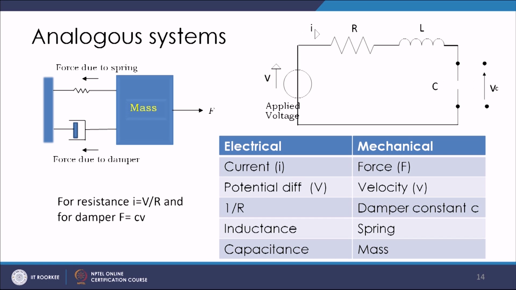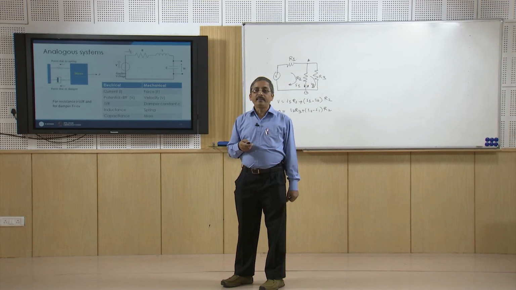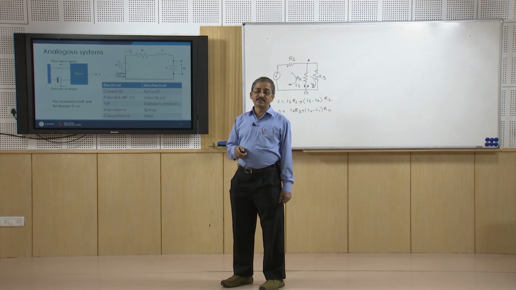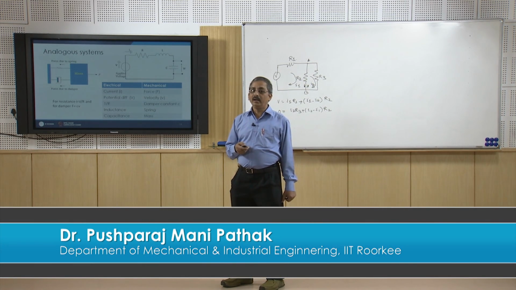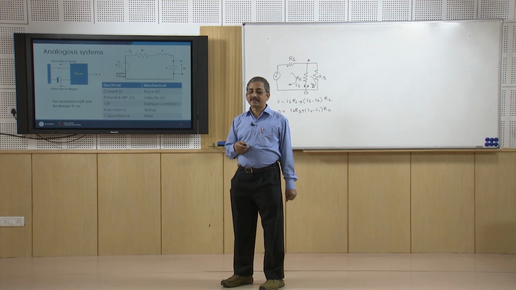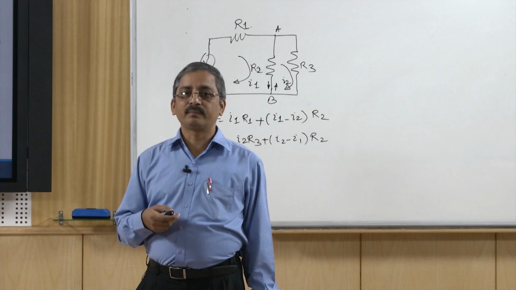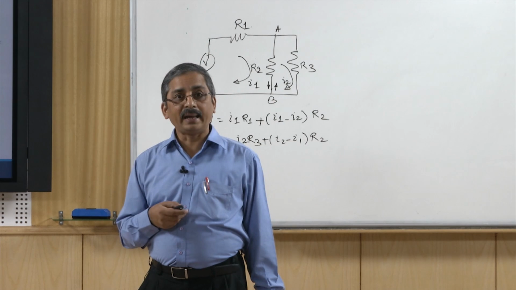This way we can define the analogy, and as I told you in my initial lectures, many times we use this analogy to model a big mechanical system, because it is not always possible to see the variations or simulate a big mechanical system.